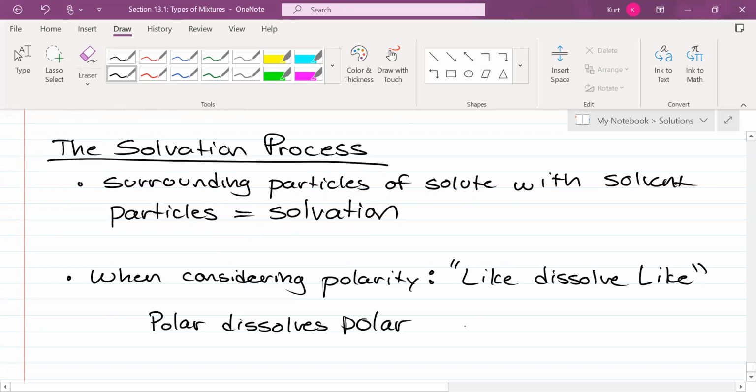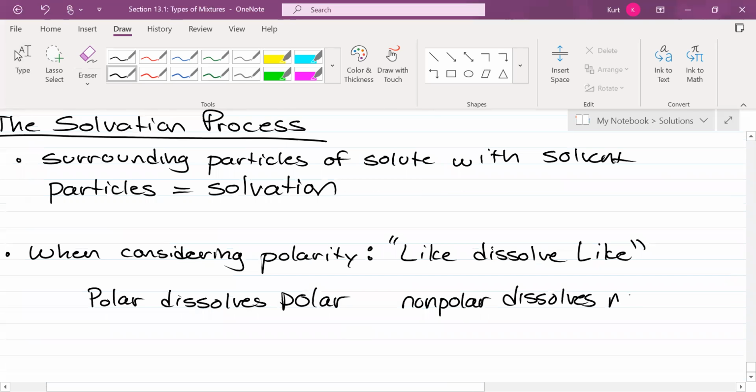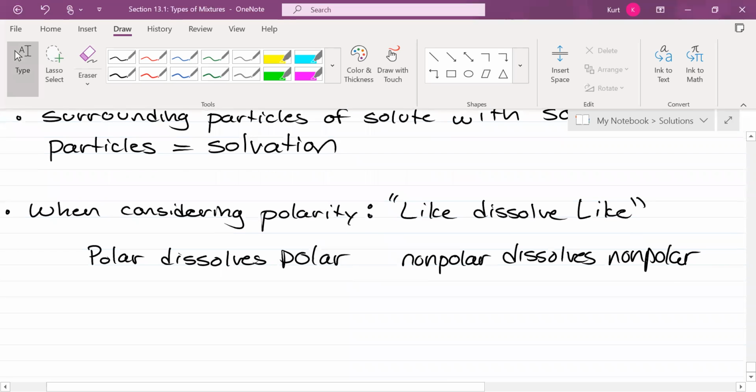It also means nonpolar dissolves nonpolar. But you will not get polar and nonpolar to mix. This is why oil spills are so messy. Polar and nonpolar do not mix.